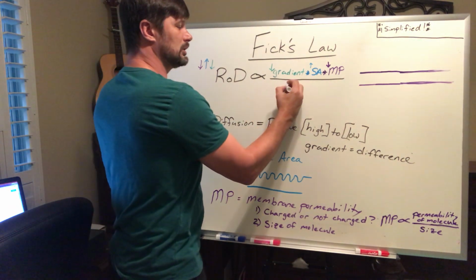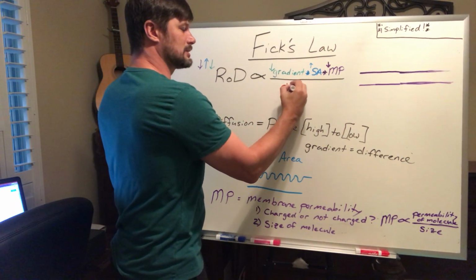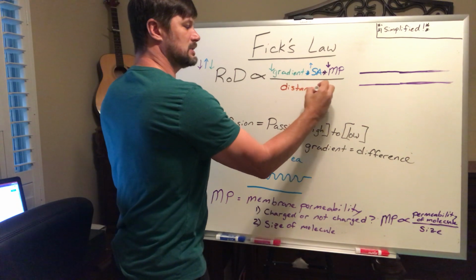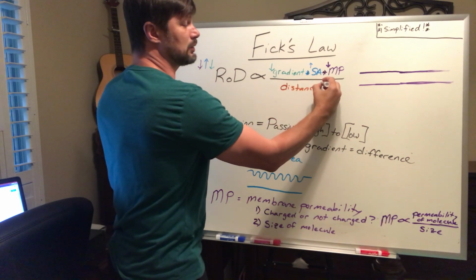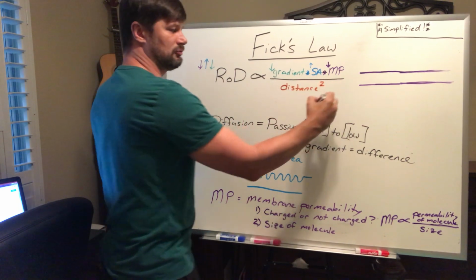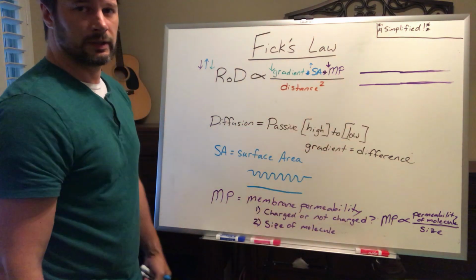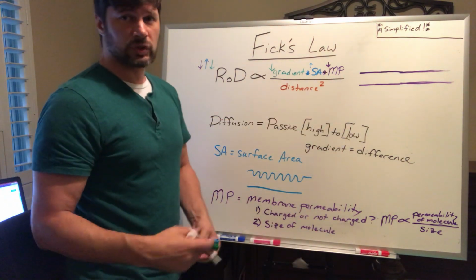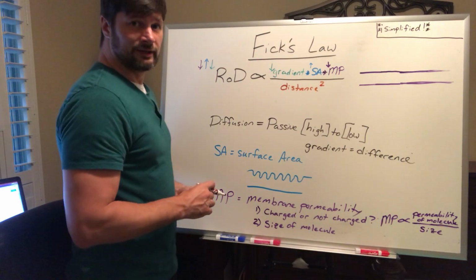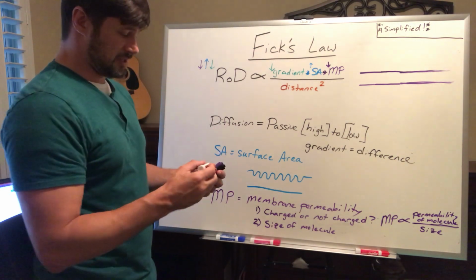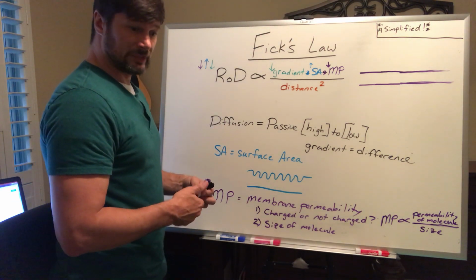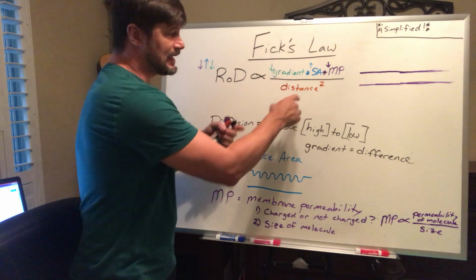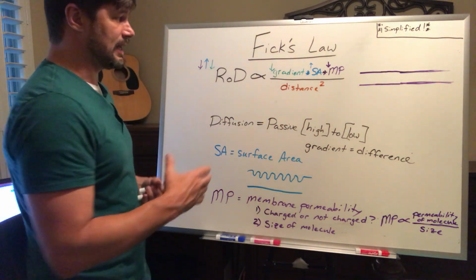However, we're going to be looking at the distance that this molecule has to travel, and we're going to say it is more powerful than everything else. So mathematically, we give it a squared factor. Every power that goes up changes the fold impact that this variable has on the equation.